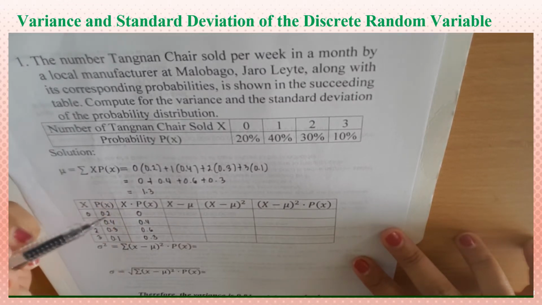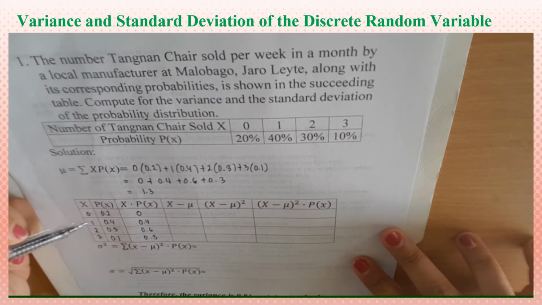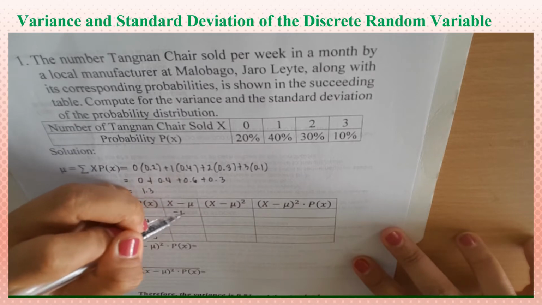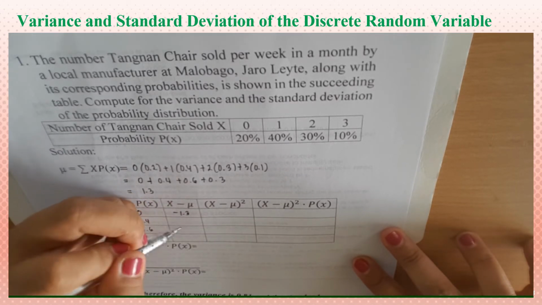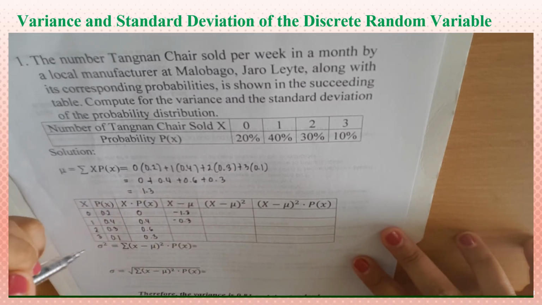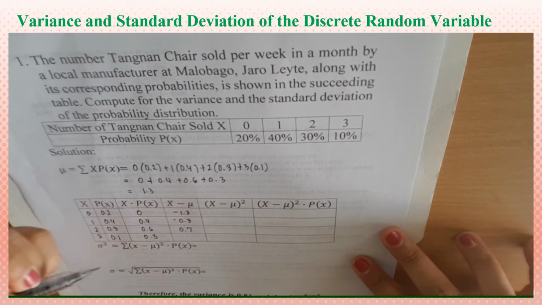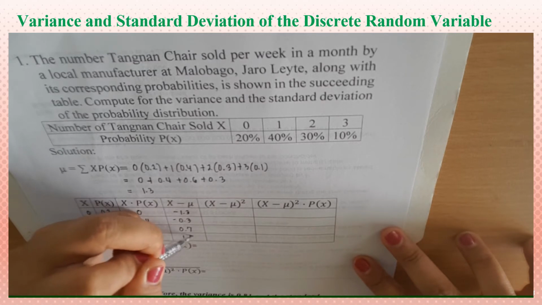So you subtract x and your mu, which is 1.3: 0 minus 1.3 gives you negative 1.3. 1 minus 1.3 would give you negative 0.3. 2 minus 1.3 would give you 0.7. 3 minus 1.3 would give you 1.7.